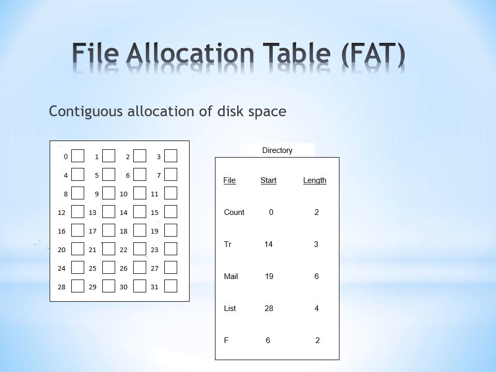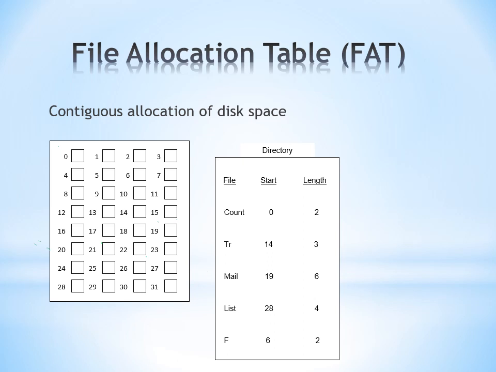So in the contiguous allocation table, for this space, we have a file, the start of the block and also the length of the block. This example has 32 blocks of a disk, starting with block 0 and going until block 31.